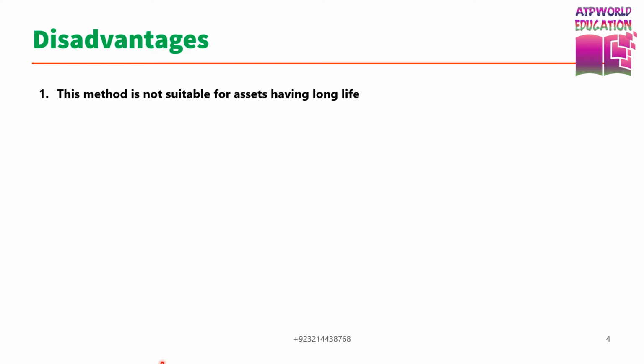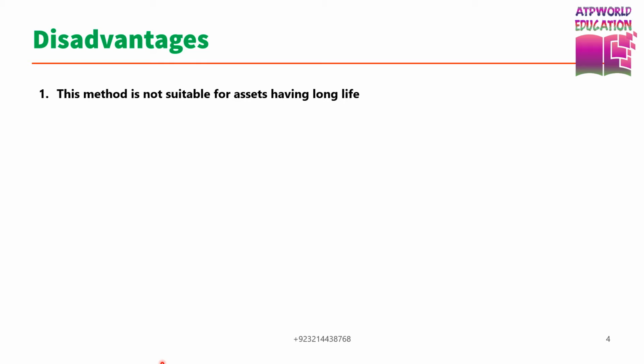If you use this method of depreciation for long life assets, then it will distribute the cost of asset over the long life, but practically long life assets will reduce their cost in early years of their life, and after few years they will not reduce their values apparently.